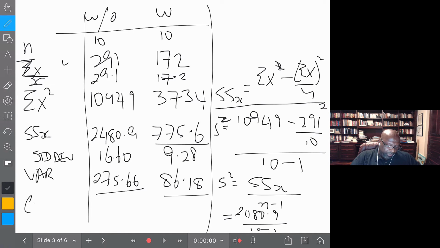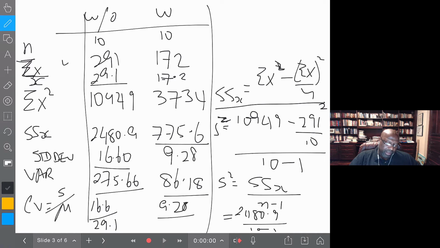We could calculate the coefficient of variation, and remember we said that is s over mu, so we would take the 16.6 and divide it by 29.1, and over here 9.28 divided by 17.2.